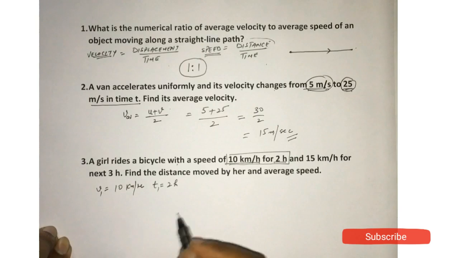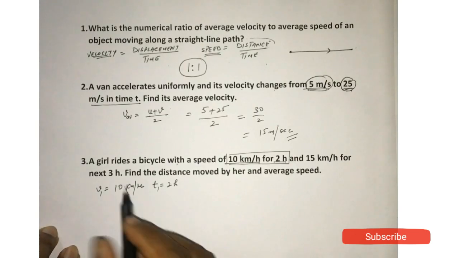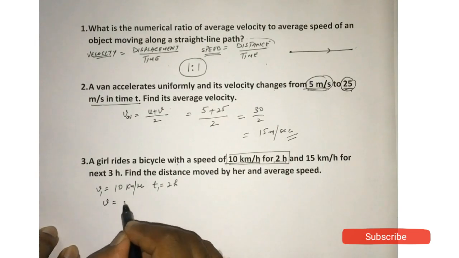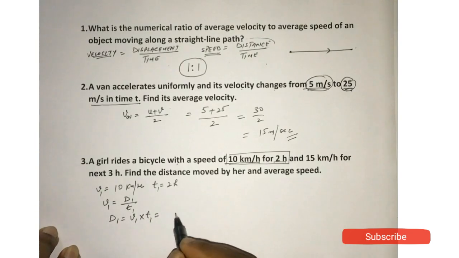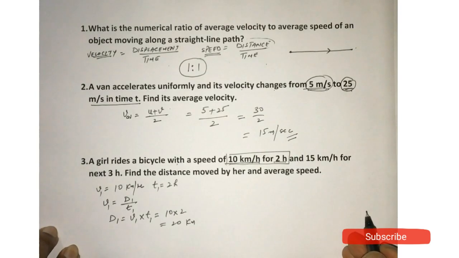Let it be V1 and T1. We know that speed is equal to distance upon time. V1 is equal to D1 upon T1. D1 becomes V1 into T1, which is 10 into 2, 20 kilometers.